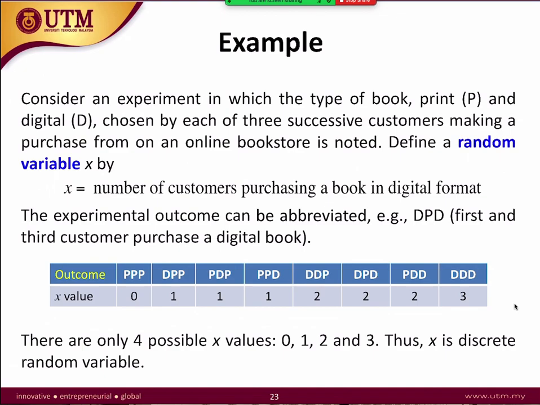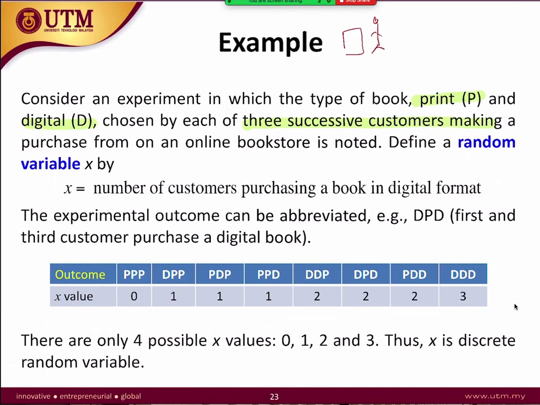We wanted to see, for 3 successive customers that log in and make a purchase, whether they wanted to buy the book in print or digital. For example, let's say we have a customer looking at the computer, going into the online bookstore. So we wanted to measure for 3 successive customers in line.